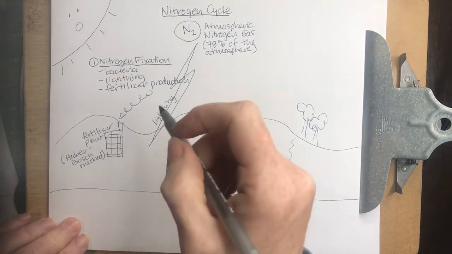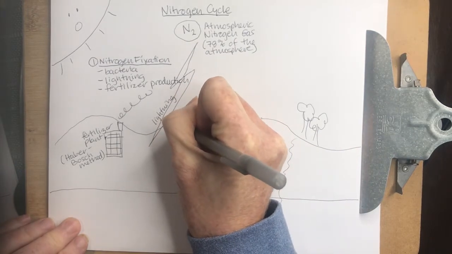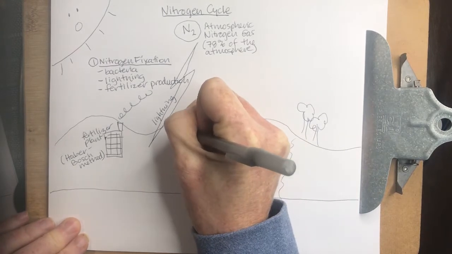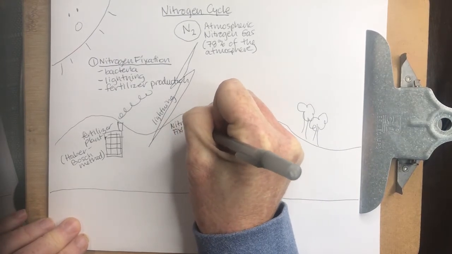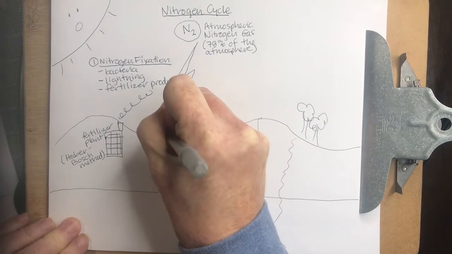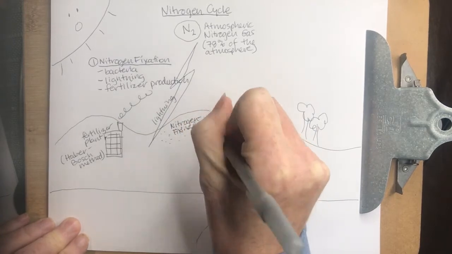Okay, so our other method of nitrogen fixation is nitrogen-fixing bacteria. Bacteria are going to play a really important role in the rest of this story, so we're going to represent them with these little dots.